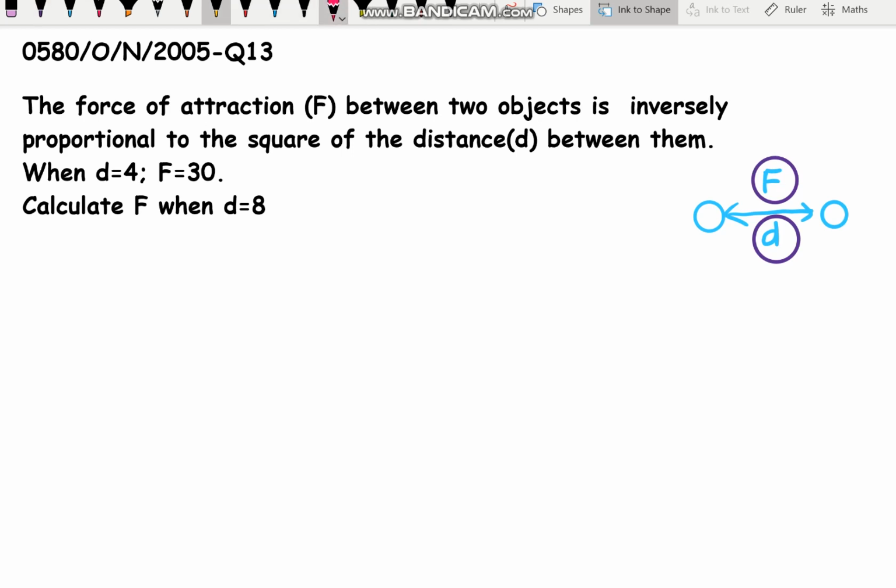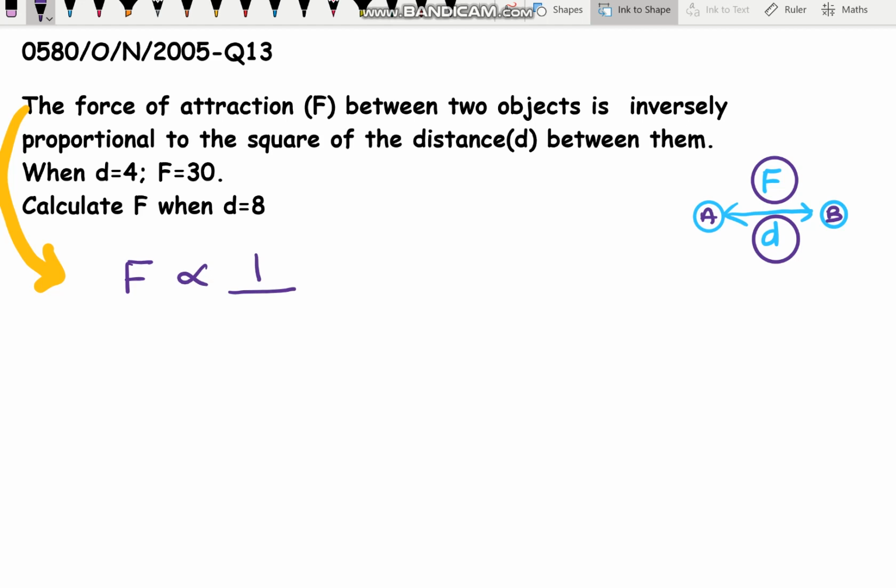Now what is the equation? What is the relation? The relation is the force of attraction F between the two objects, suppose my objects are A and B, is inversely proportional, which means 1 upon, to the square of the distance between them.